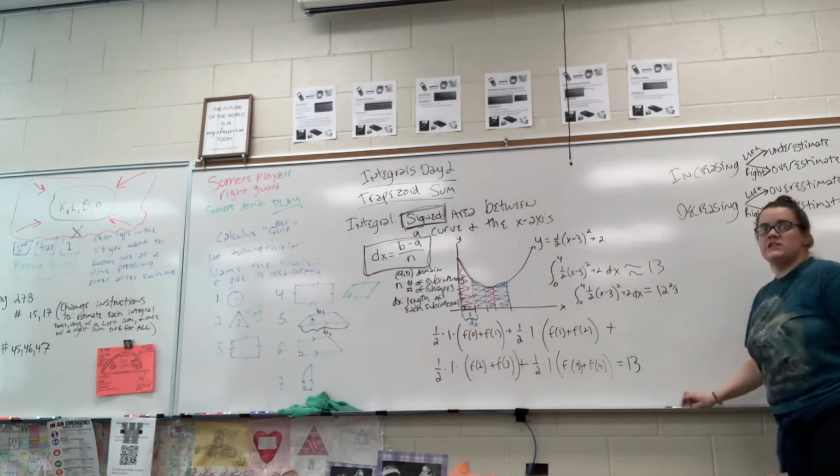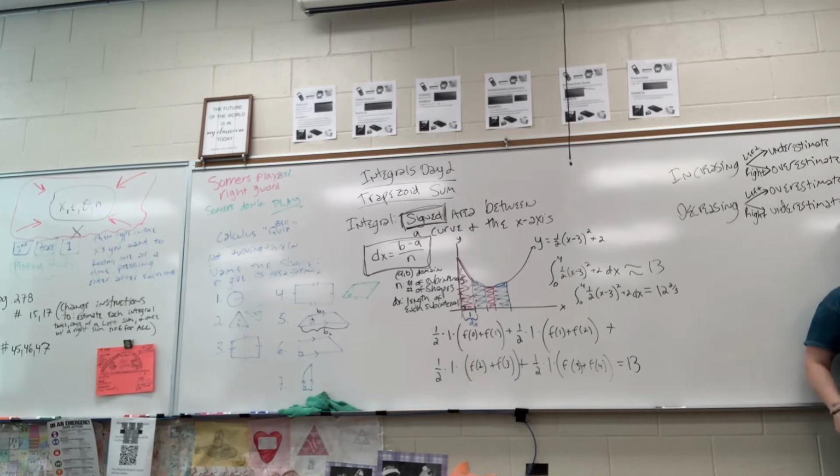Nobody's asking me questions, but I see a couple concerned faces. Kate. I was just gonna ask, how much will they give you points for the approximation? Like, how high or low would it have been for it to still be right?